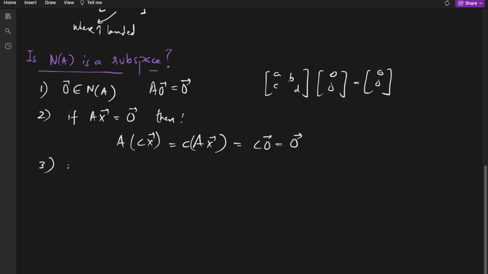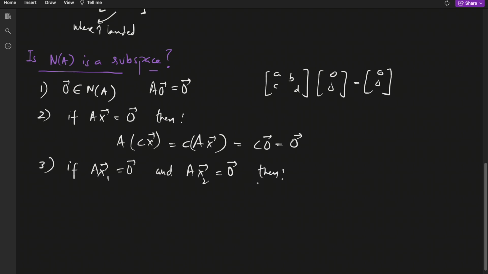And the third one is, let us suppose the vector x1 belongs to the null space. So if x1 belongs to the null space, then A transforms x1 to the zero vector. And there is another vector, let us suppose x2, that also belongs to the null space. That is, the matrix A transforms the vector x2 to the zero vector.